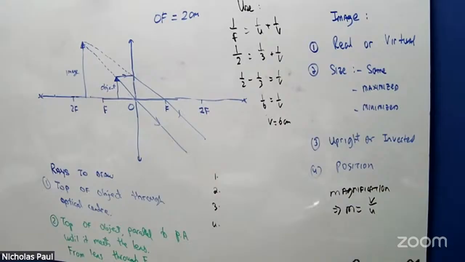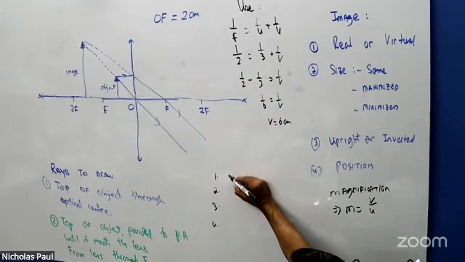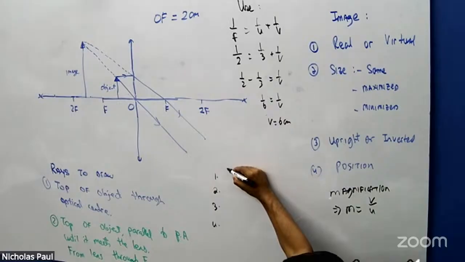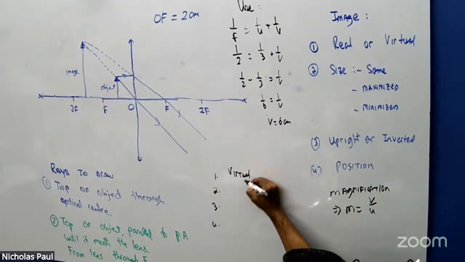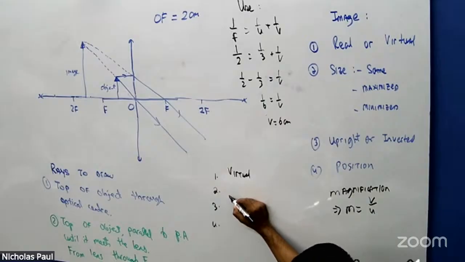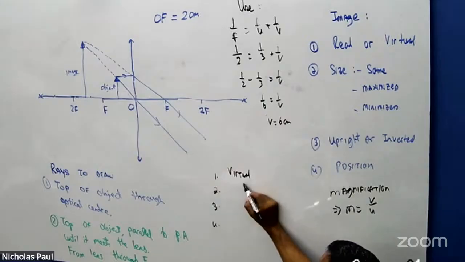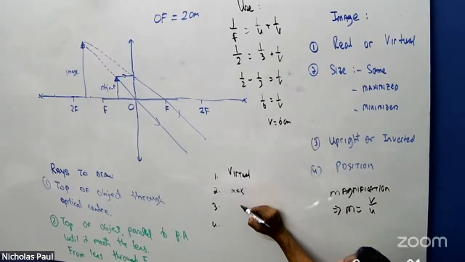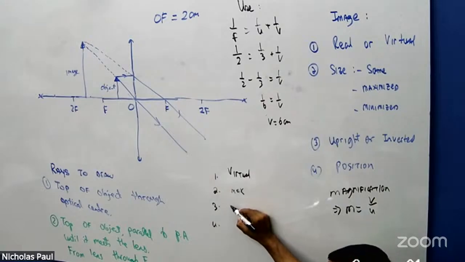Right, describe this one, please. Megan, describe this, please. Yeah, Megan. Say upright. Upright? No. We started with real or virtual. Virtual, size, upright or inverted?